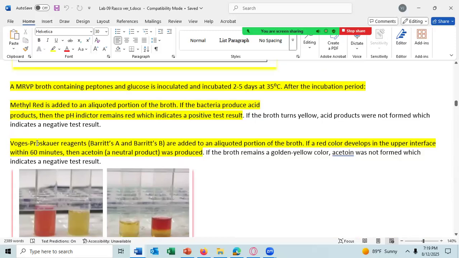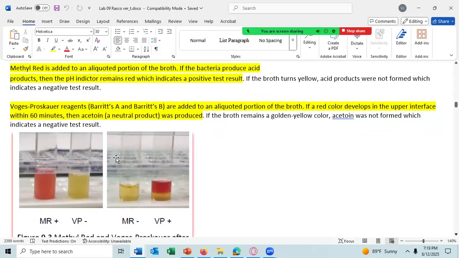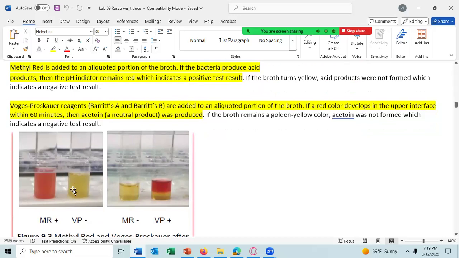The portion that's used for the VP test, you first add Barritt's reagent A and Barritt's reagent B to it, and then you shake the tube for 1 minute to get oxygen in the tube, and then you let it sit for 60 minutes. If acetone is made, it's a neutral product, and Barritt's reagent will turn red in the presence of acetone. So it will turn red if it's VP positive. If it's VP negative, it will remain yellowish in color.